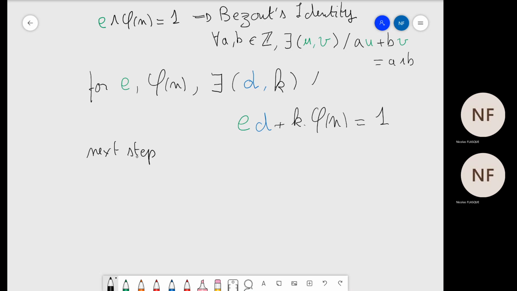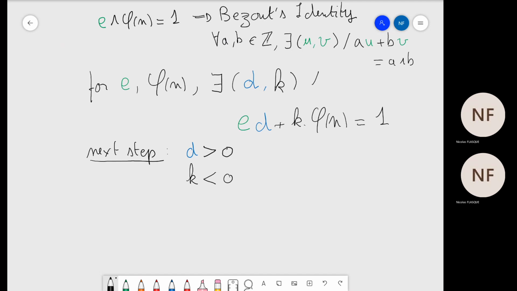For the next step, we can suppose that we can find some value of d which will be a positive number. And if d is a positive number, then k will be a negative number.